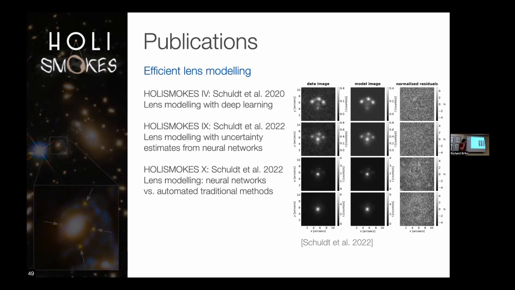And finally, there is a set of studies around improving lens mass modeling or making it more efficient, also with the help of neural networks. Because in the end, full traditional lens mass modeling takes a while.